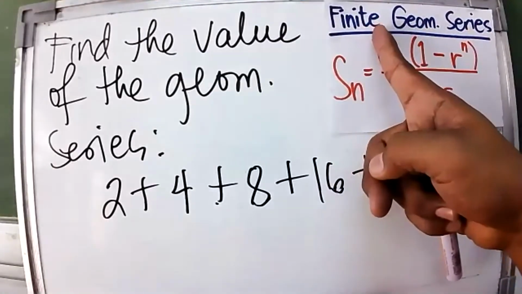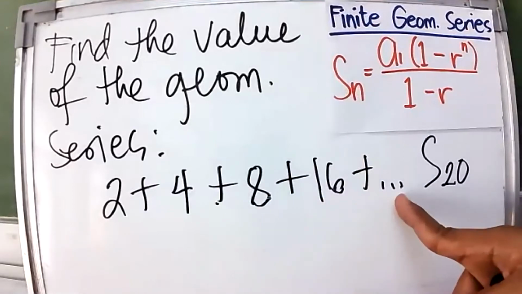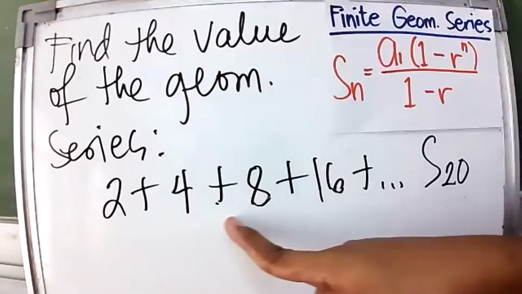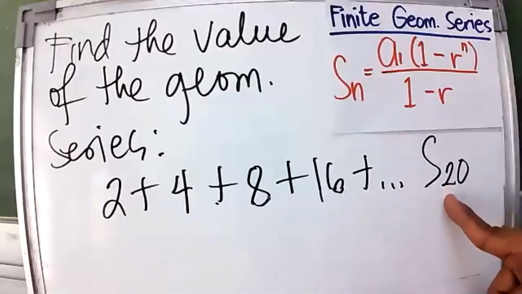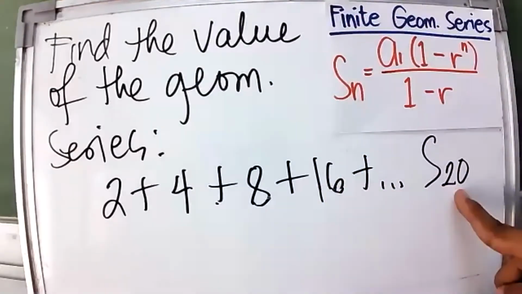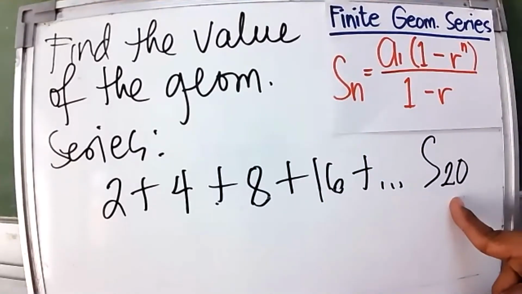Why is it finite? Even if the value continues, it's still considered finite because there is an end, and the end is the 20th term. Okay? So if there is an end, that is still considered a finite geometric series.